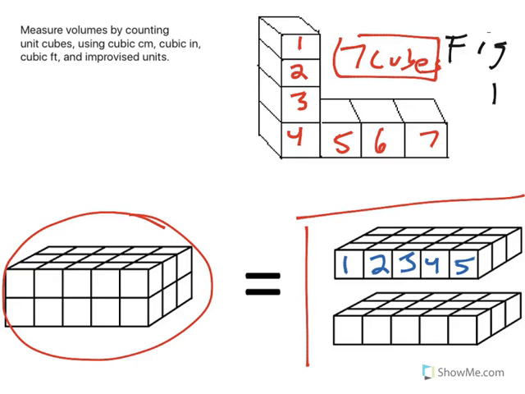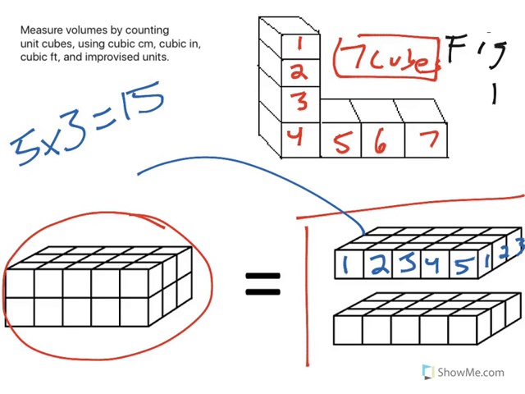So we have 5 in the first row, and we see we have 1, 2, 3 rows. So what we'll do to find this first top row is we'll do 5 times 3, which gives us 15. So in this top row, which is this top row right here, I'll shade that in, there are 15 cubes.